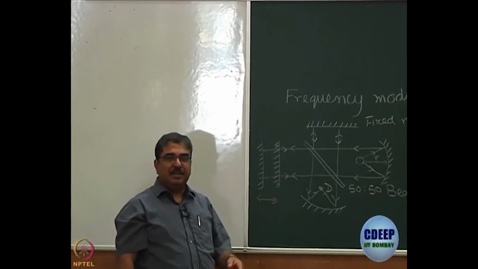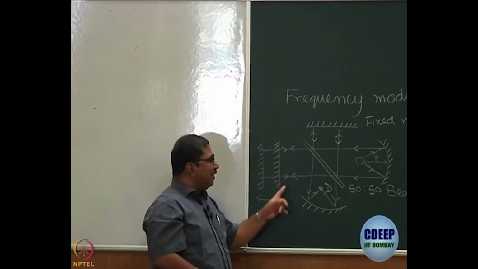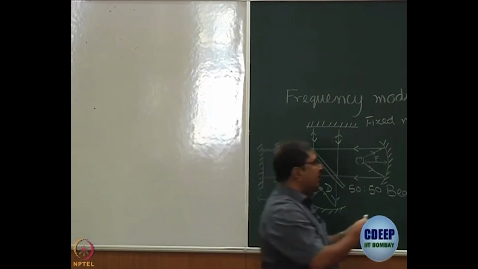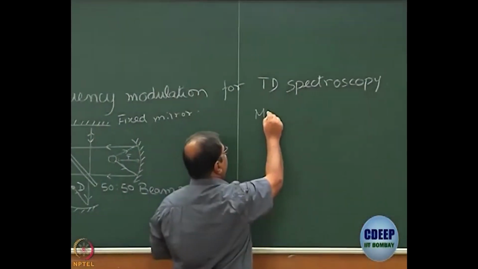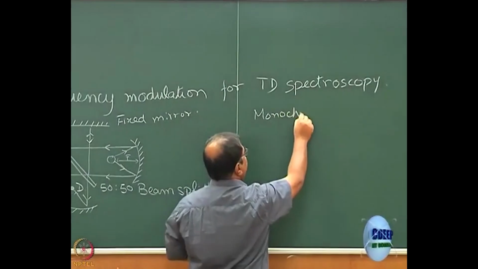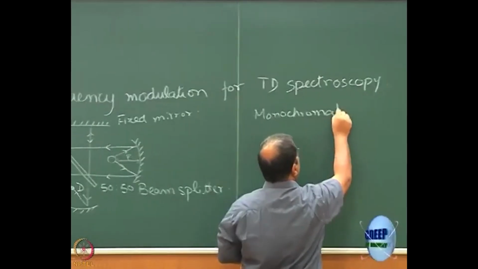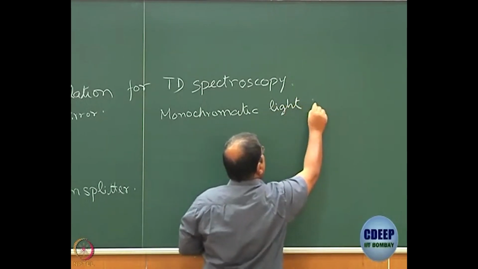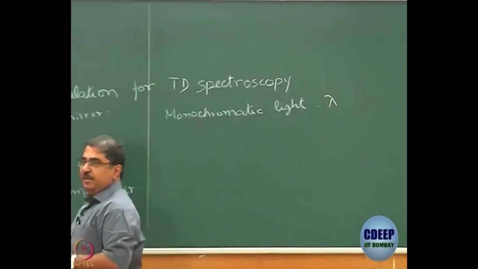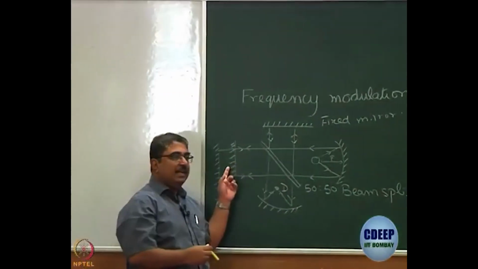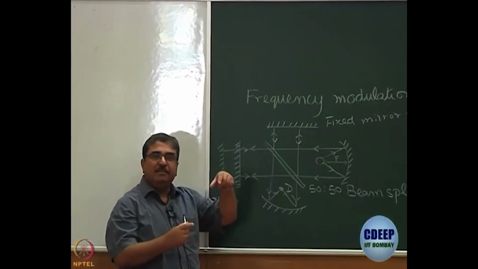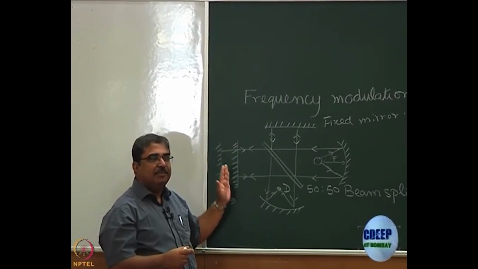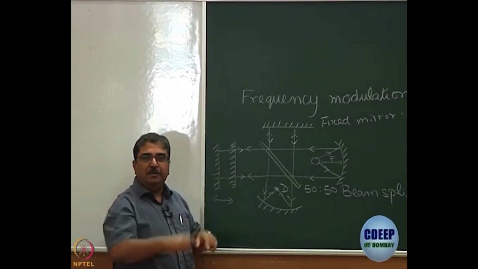Why do we need a movable mirror? This is why we need a movable mirror. Now, see, you do not have just one ray of light. To keep things simple, let us consider a monochromatic beam of light to start with, of wavelength lambda. Now see, what we have essentially done is that we have created two different beams of light, and by moving the mirror I can change the path difference between these two beams of light.